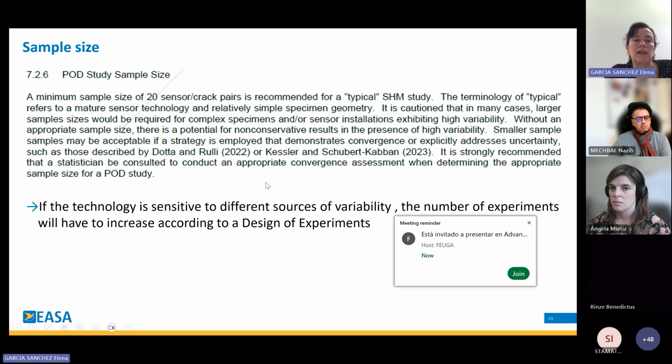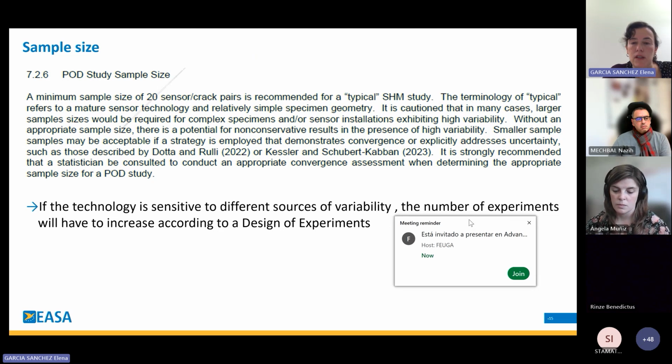A very big discussion in the working group was the sample size. A size of 20 sensor crack pairs is recommended as typical. So if your probabilistic model is correct and you take your sample size into account and your variability into account, this is correct. But then your sample has to be representative.